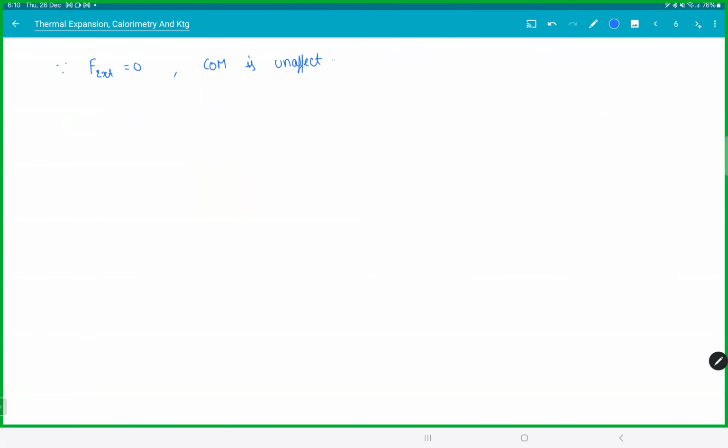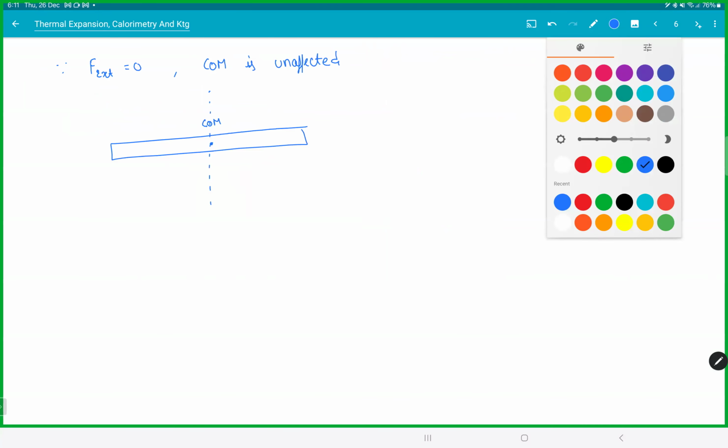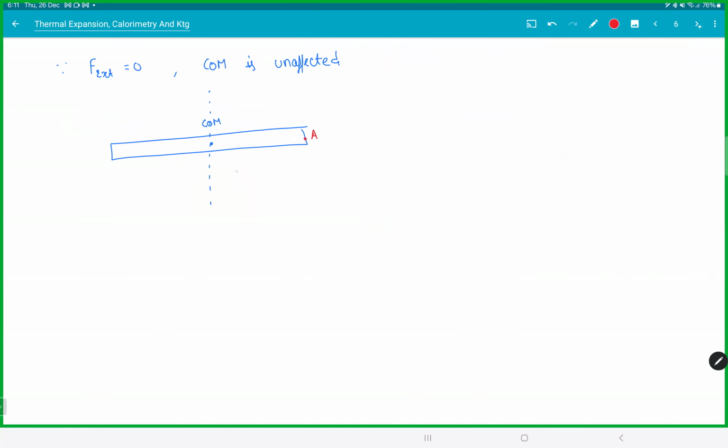So, delta L is L alpha delta T, that is still right. But you're forgetting the center of mass, the center will not move. This is at rest. So when the rod tries to expand, it will expand on both the directions. Making sense? So now if you take your point A here, this would be your L by 2. So let's take like this.